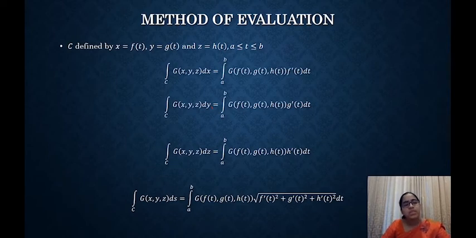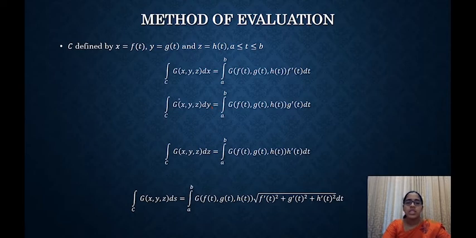We can see that if the curve is defined parametrically, if C is defined by x equal to f(t), y equal to g(t) and z equal to h(t), where t varies from a to b, then what will be the integral over C of g(x, y, z) dx? We have to replace x, y, z and dx everything in terms of t. So that will be equal to the integral from a to b of g(f(t), g(t), h(t)) times f'(t) dt.